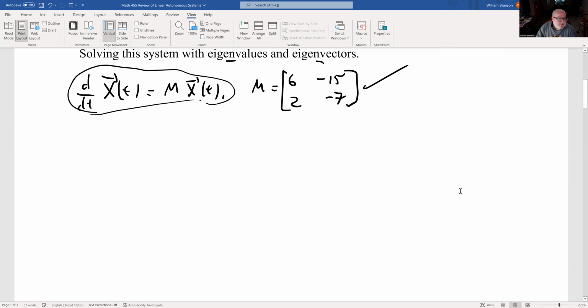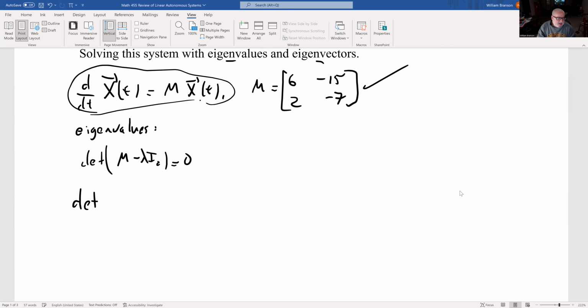So eigenvalues, how do we find those? We take the determinant of the matrix M minus lambda I2, and we set it equal to 0. So I2 is the 2 by 2 identity matrix.